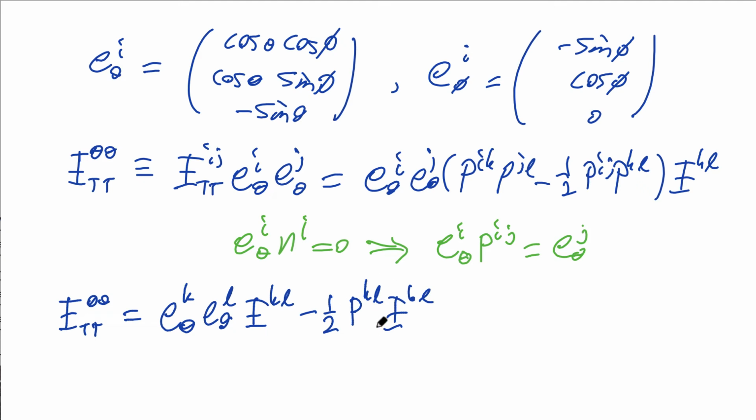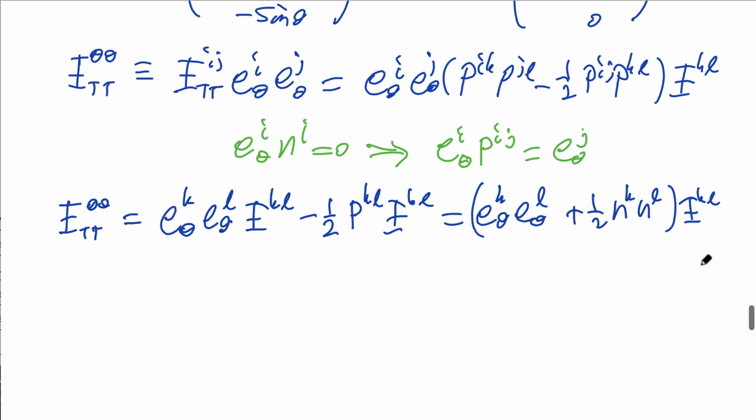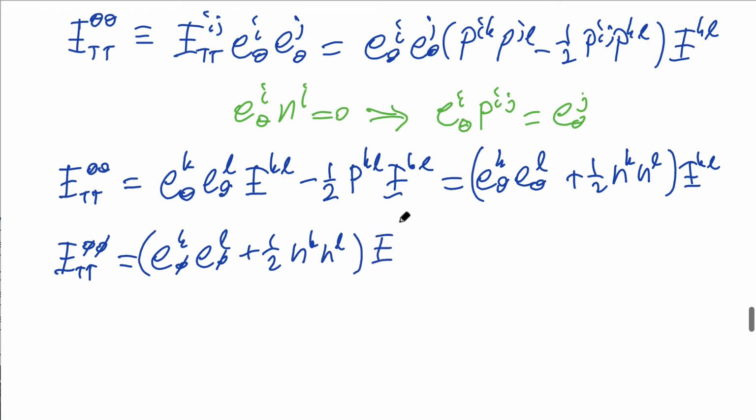Now remember, P_kl is delta kl minus n_k n_l, but because I bar is trace-free, delta kl times I bar kl vanishes, and this reduces to e theta k e theta l plus 1/2 n_k n_l acting on I bar kl. A similar calculation gives I bar TT phi phi equals e phi k e phi l plus 1/2 n_k n_l times I bar kl.